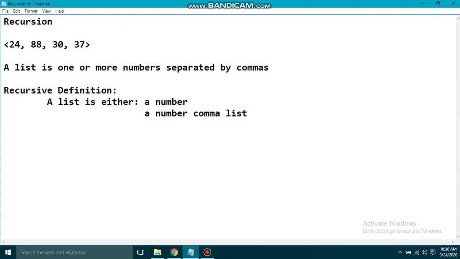Following this definition, we can divide this problem as follows. For example, 24 is a number, comma, another list: 88 comma 30 comma 37, right? Similarly, we can divide this list from the previous definition as 88, comma, 30 comma 37.